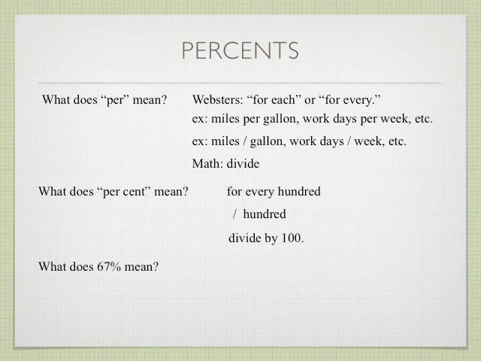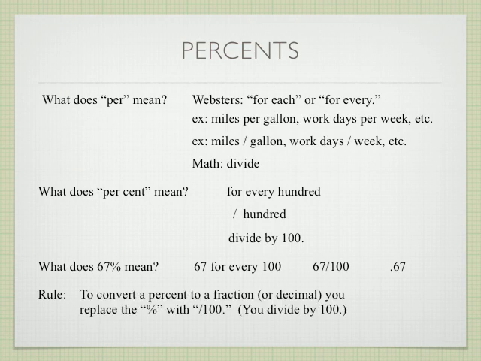So 67% means 67 for every 100 or 67 divided by 100. Or 0.67. That is the most common way that we will write 67%. We will change it to 0.67. So my rule is to convert a percent to a fraction or a decimal, I take away the percent sign and I replace it with divide by 100.